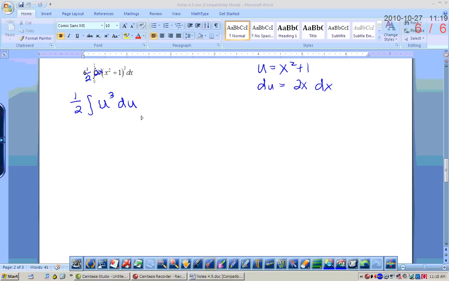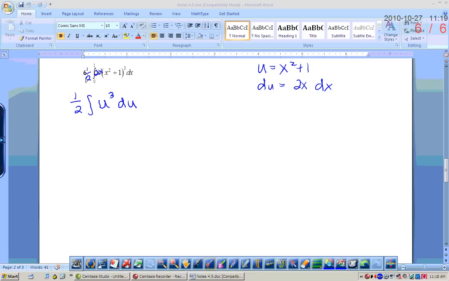Now I need to talk about these limits of integration for just a second. The original problem was in terms of x's, so those limits of integration are in terms of x. I'm talking about the 0 and the 1. When I switch my variable to a u, I need to switch my limits of integration to u, because it's going to make it easier on us at the very end.